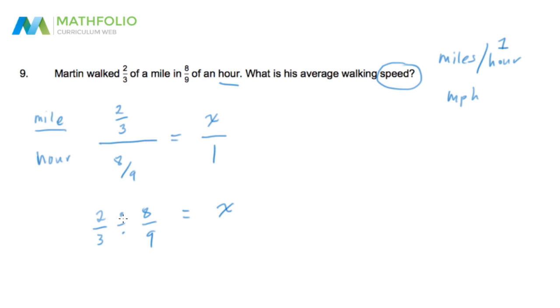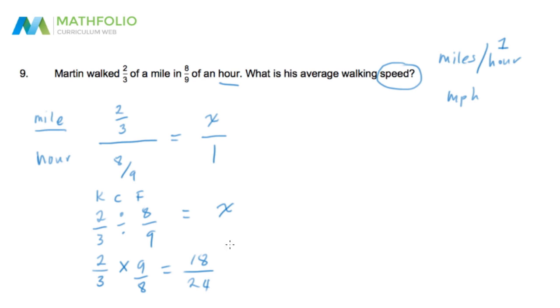And because we're dividing fractions, we can stick with the keep, change, flip, KCF. So we keep the first, 2/3. We change the division to a multiply, and we flip the second fraction, which is 9/8. It's the reciprocal. And so 2 times 9 is 18. 3 times 8 is 24.